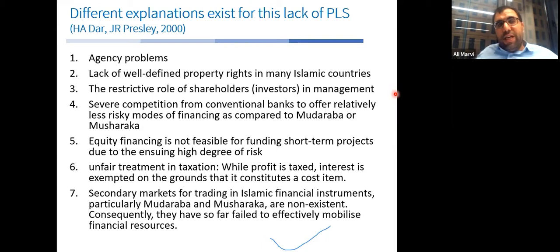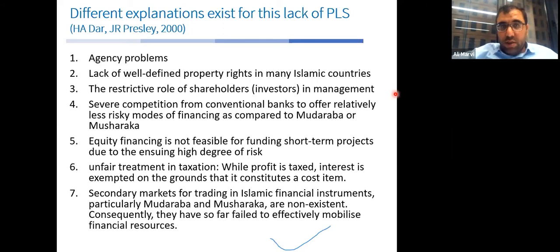And that also worsens the agency problems, and intensifies the problem of moral hazard and adverse selection there. And so that is the second candidate to explain the lack of PLS in Islamic banks.